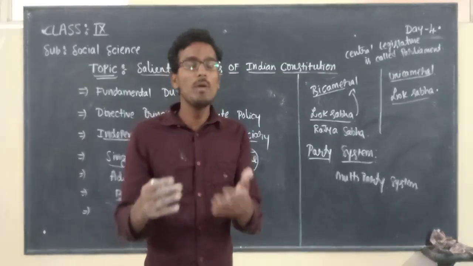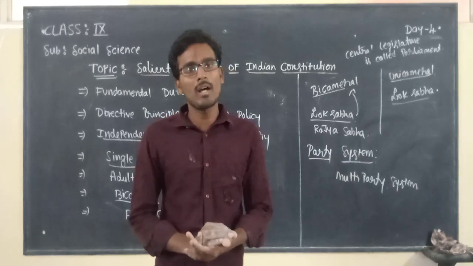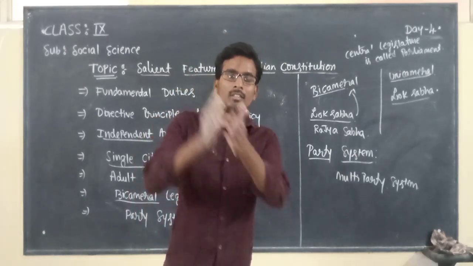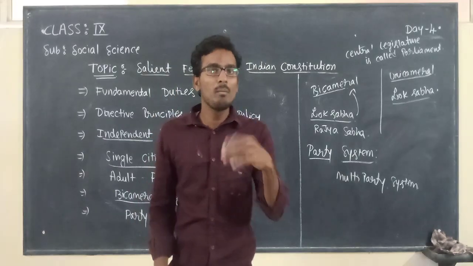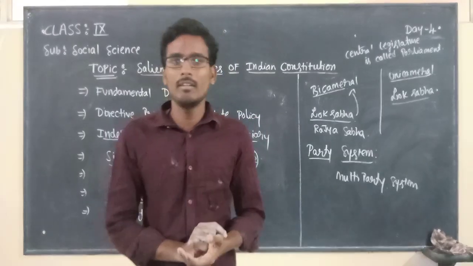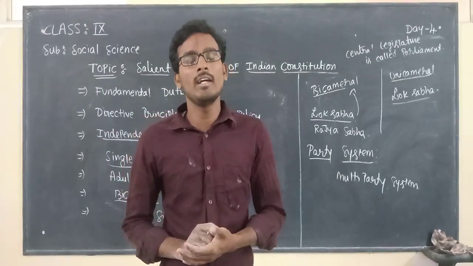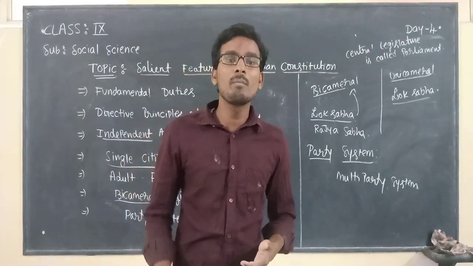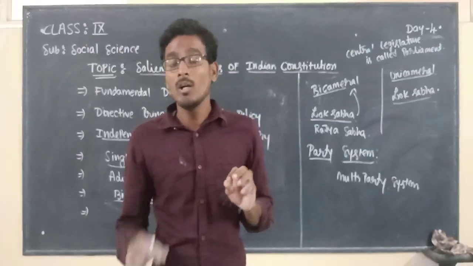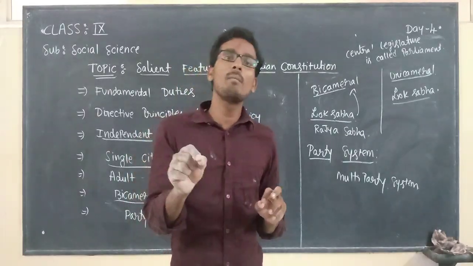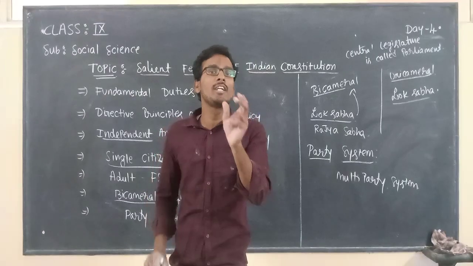You may classify political parties into regional parties and national parties. Example, BJP, Bharatiya Janata Party. Is that a national party or a regional party? National party. Why? Because that political party you observe in every state in India.